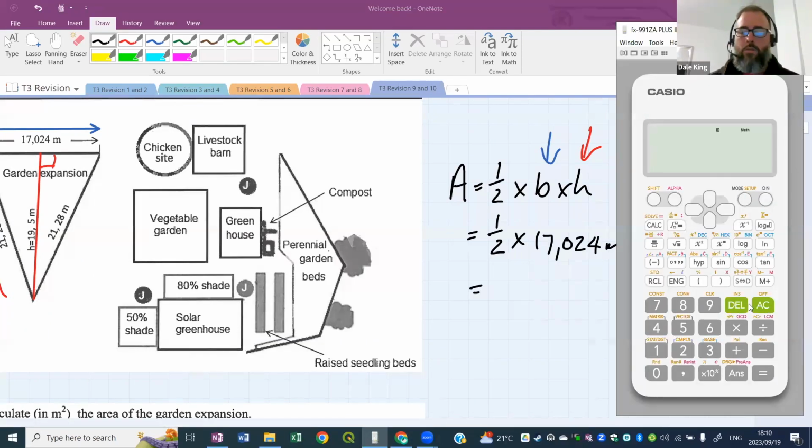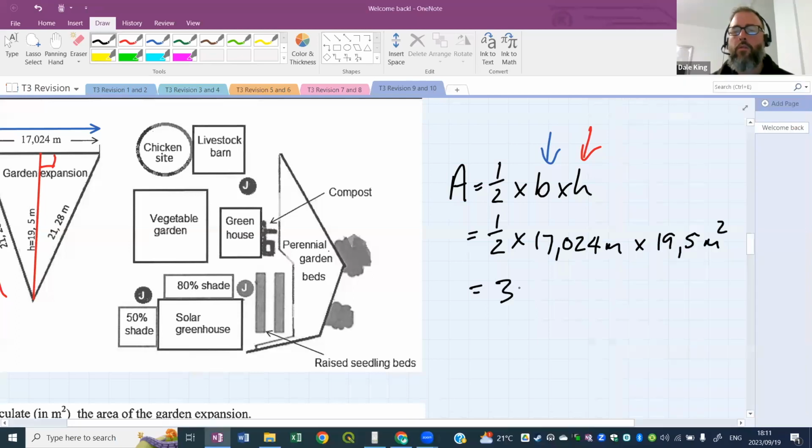So it's 17,024 times 19,5. All right, 331,968. You happy with that? Yes. And the units are meters squared, and then we'll round this off to 97.